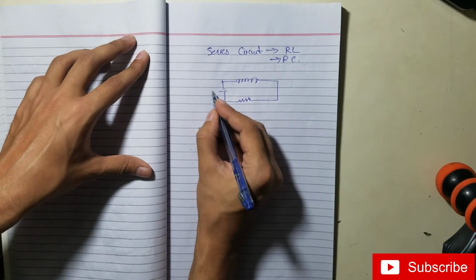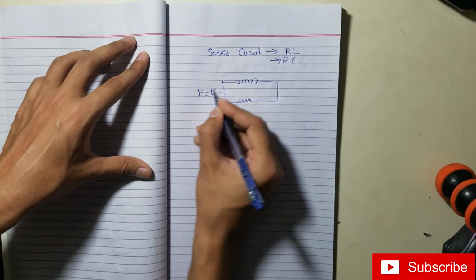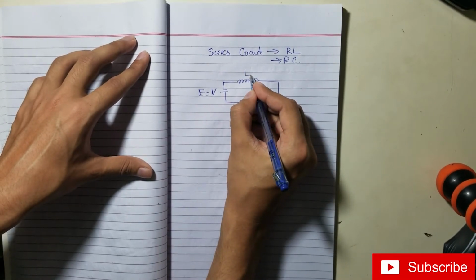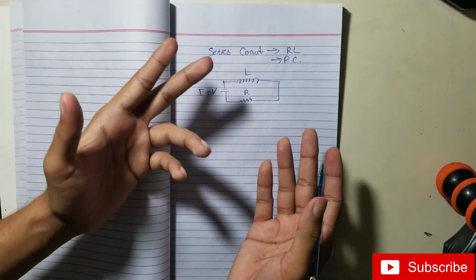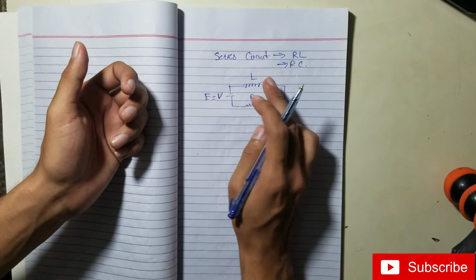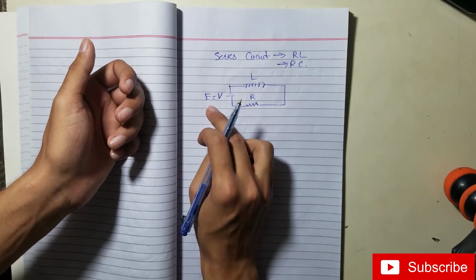This is our potential V, which we also denote by E. This is our inductor L, and this is our resistor R. According to Kirchhoff's rules, the sum of the voltage drops across the inductor and the resistor is equal to the voltage supplied by the battery.